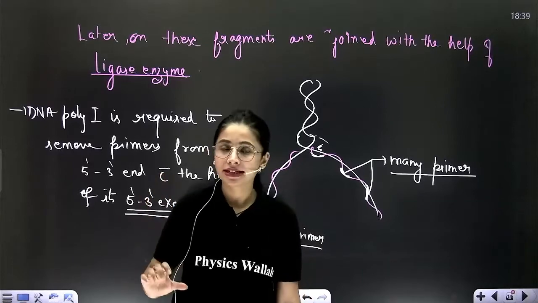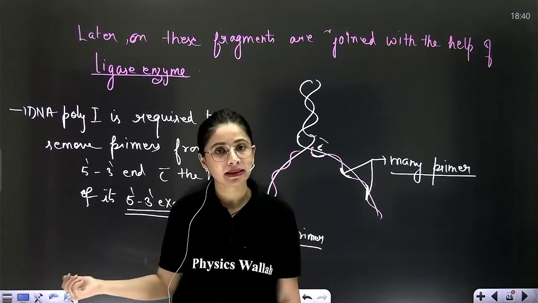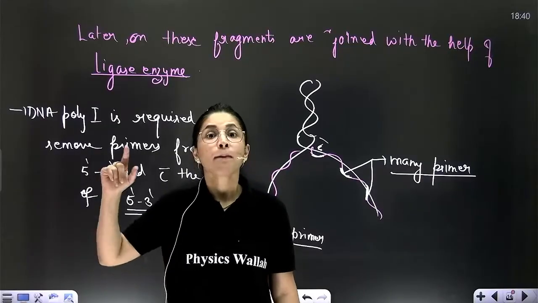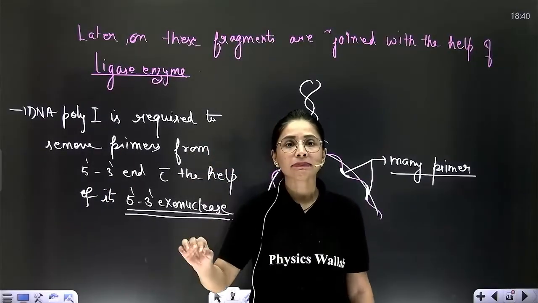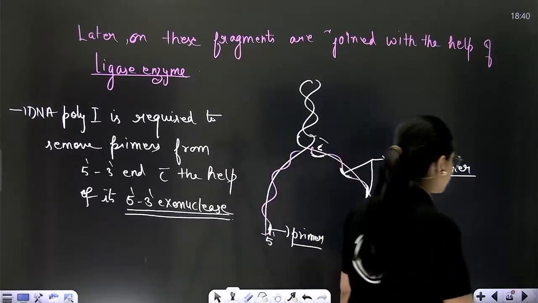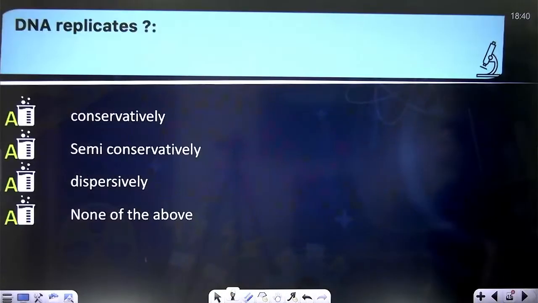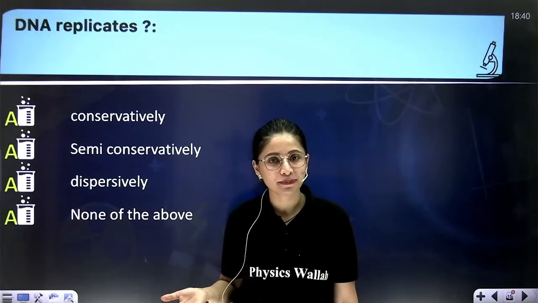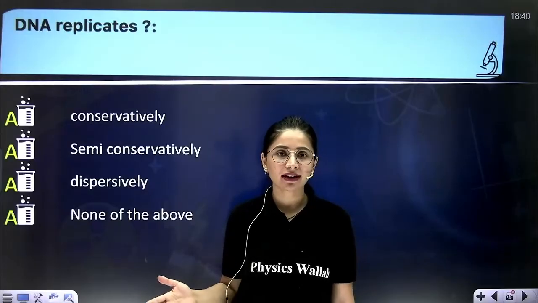The gaps thus created are filled by the same enzyme utilizing its 5' to 3' polymerase activity, completing the whole process. So DNA is replicating semi-conservatively with the help of so many enzymes. I hope you all have understood the whole mechanism of DNA replication.